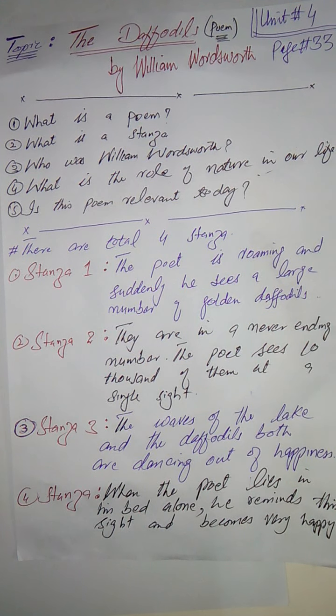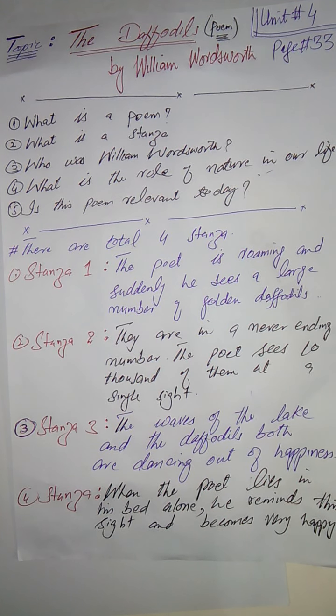Similarly, Tintern Abbey is one of his very famous poems. And this, The Daffodils, is also a very beautiful and interesting poem. He is actually supporting nature in his poetry.